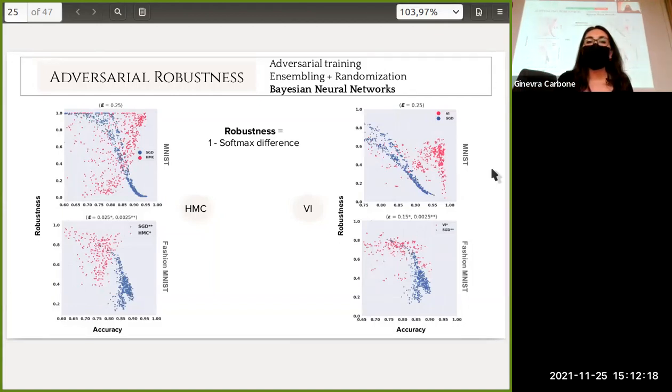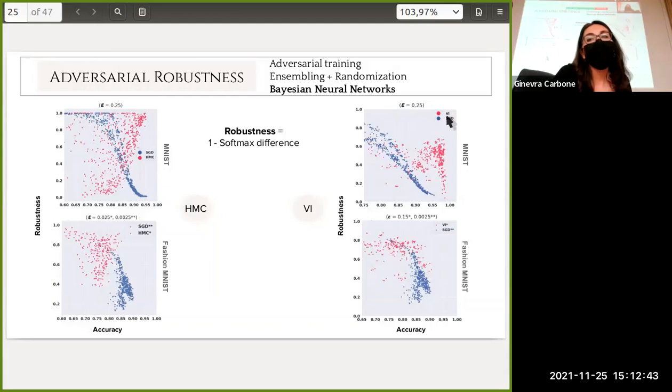In the subplots here, you can see the blue dots, which are deterministic neural networks, and the red dots are Bayesian neural networks trained with HMC in the first column and with VI in the second one. You can see that in the deterministic case, which is the blue one, there is a trade-off between robustness and accuracy.